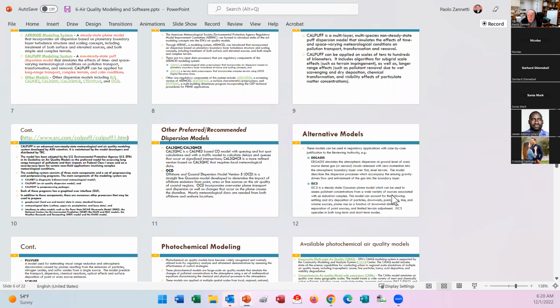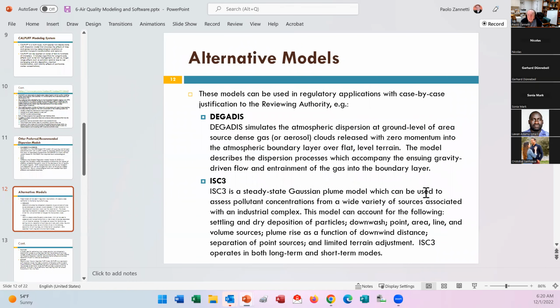However, if you have heavy gas, dense gas clouds, sometimes DEGADIS may be useful. It's an old model, but it's still used for describing the process of heavy gases. So this may be a choice sometimes if you have a particular accident, for example, in which a heavy gas has been generated.